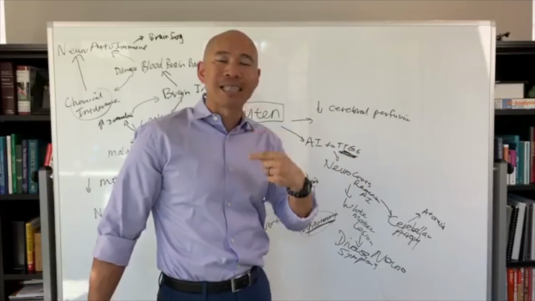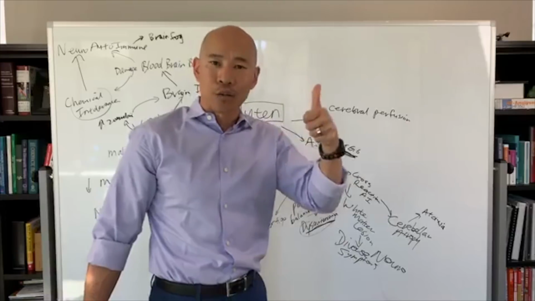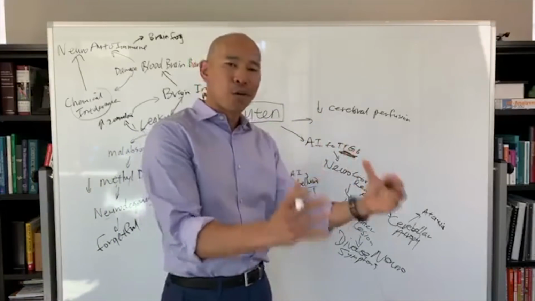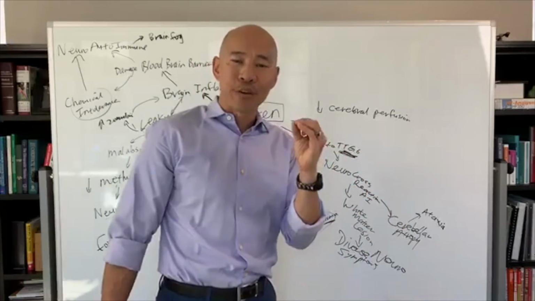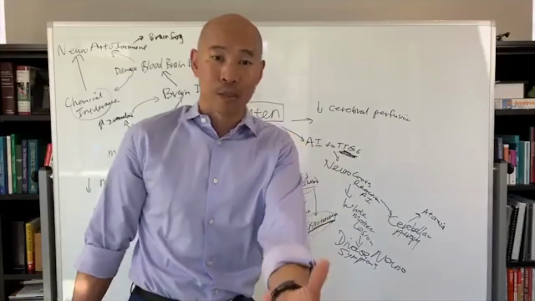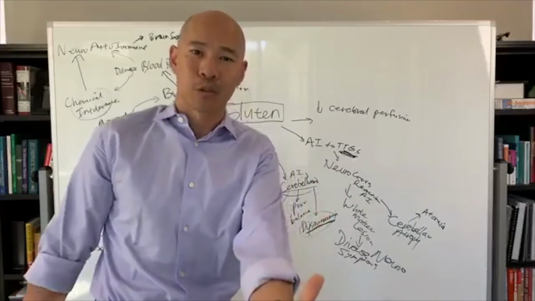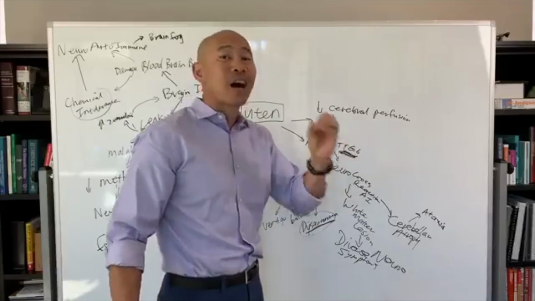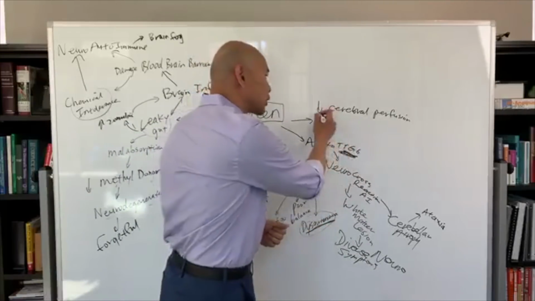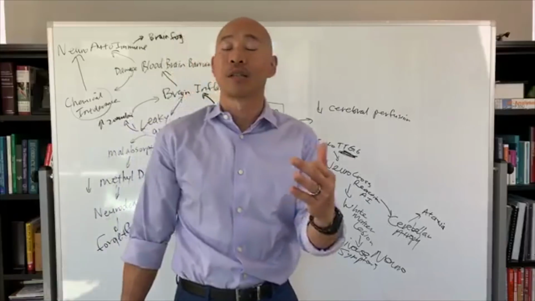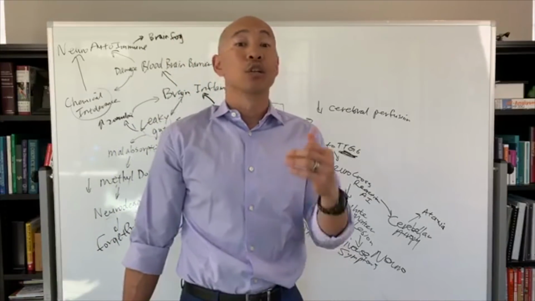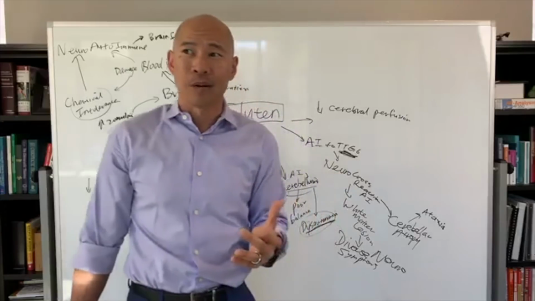Because blood is how you deliver oxygen and glucose. Remember, we talk about the priority systems in the body. You need to first be able to establish fuel delivery. You have to deliver fuel to your tissue, and your brain needs oxygen and glucose. If you have decreased cerebral perfusion, you cannot deliver oxygen and glucose. Your brain is just not going to function well.